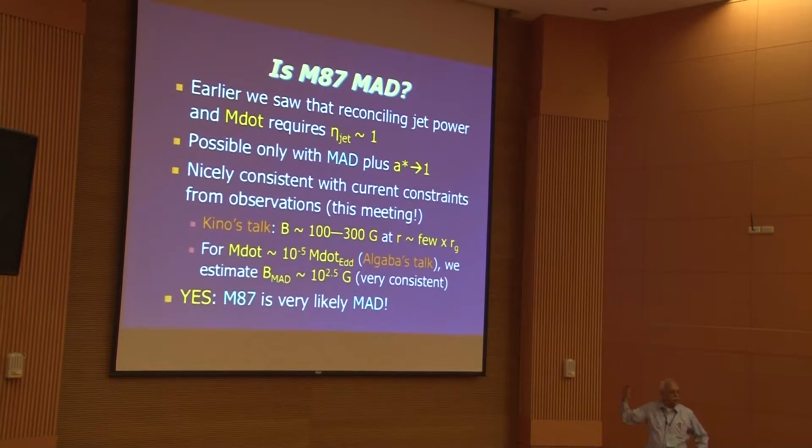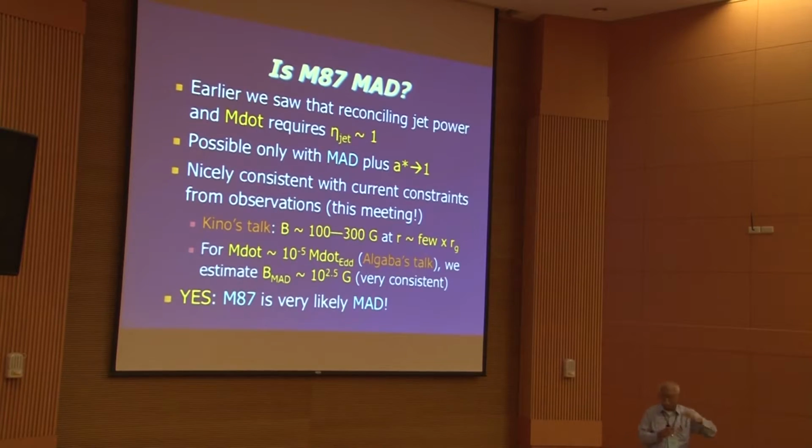Earlier I told you there is this problem already with the jet power. Looks like the jet is very powerful, and yet we have very tight constraints on M dot. To fit the numbers, with great difficulty, you can make L jet and M dot fit, but only if you take 100% efficiency for the jet. Even then it's hard, okay?